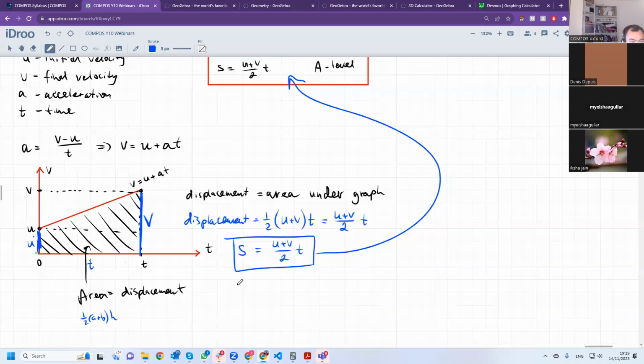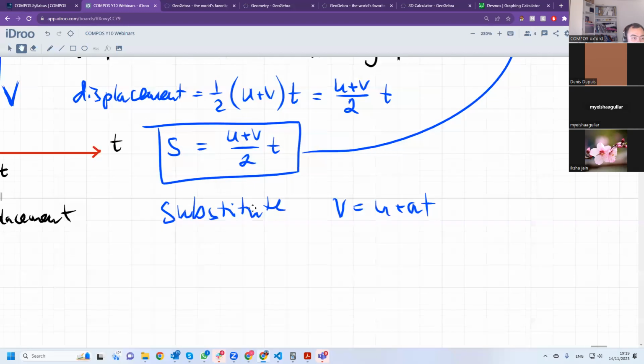Now we substitute v equals u plus at, and we get s is equal to u plus u plus at divided by 2 multiplied by t.